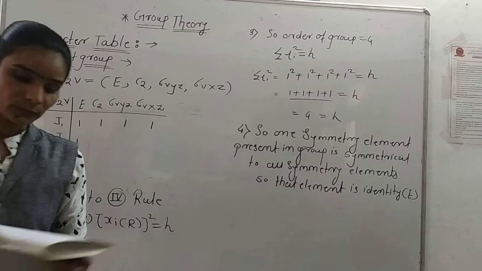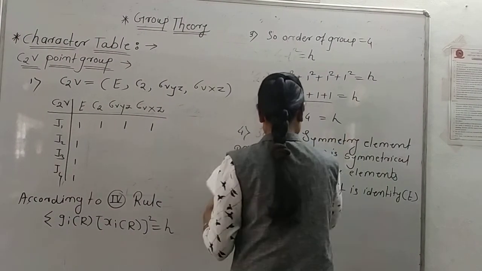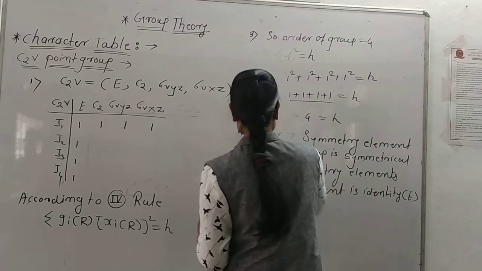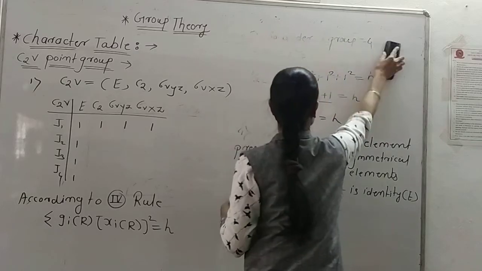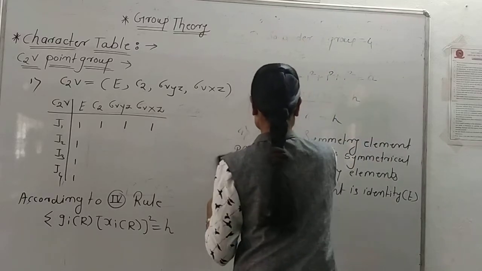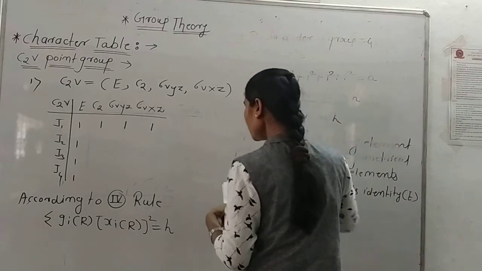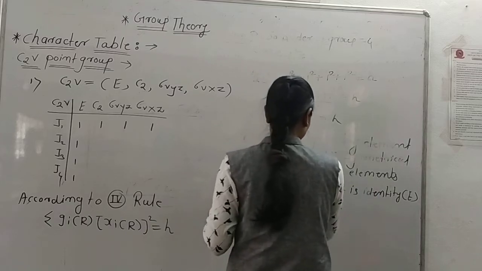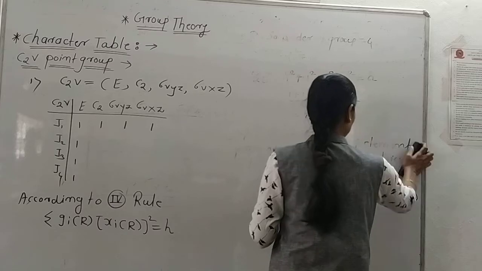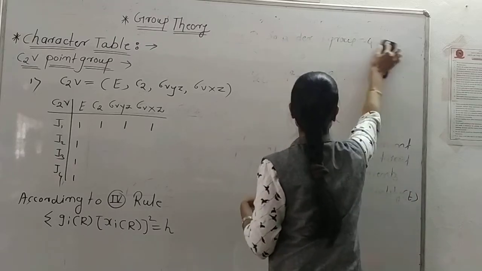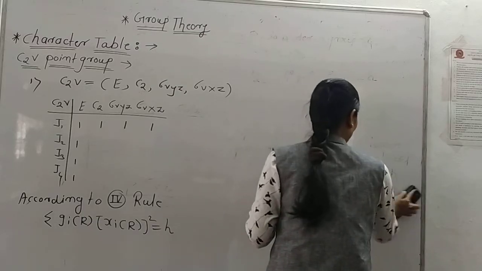Now we have to put the values in this formula, and it is equal to the order of the group. We have to put the values of symmetry elements, their characters and their irreducible representations in the formula, and that value is always equal to the order of the group.